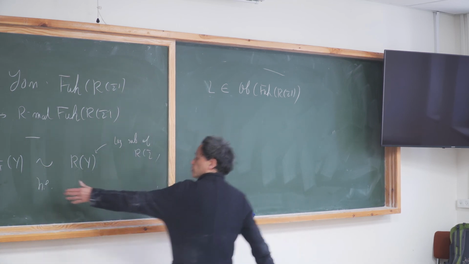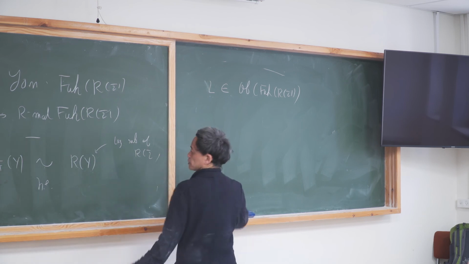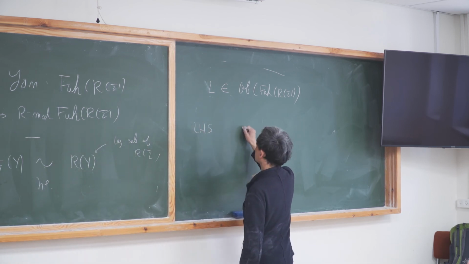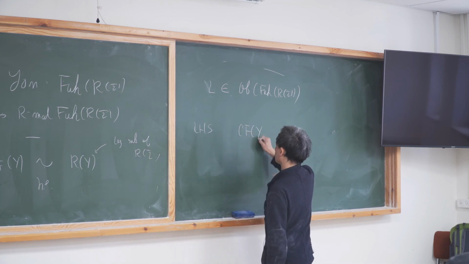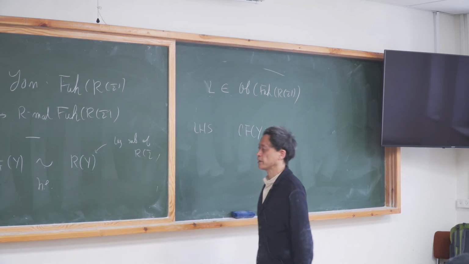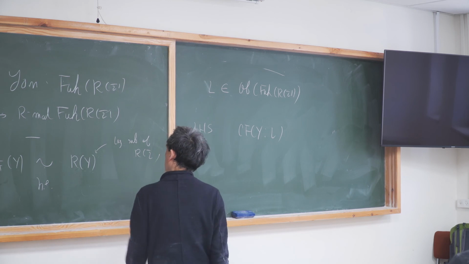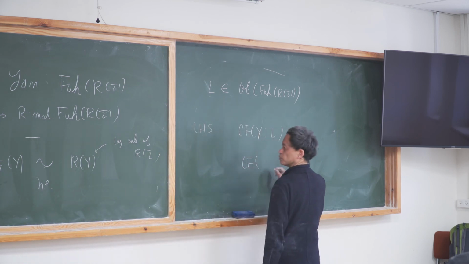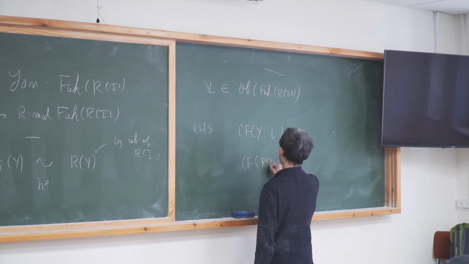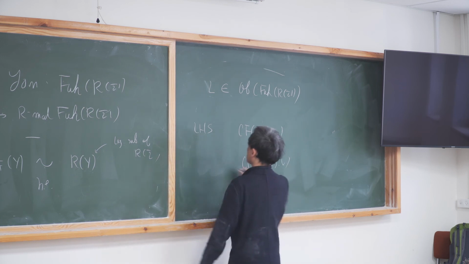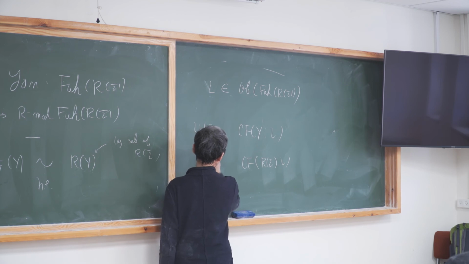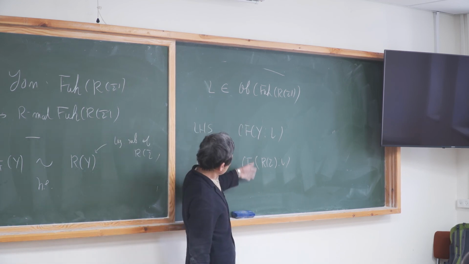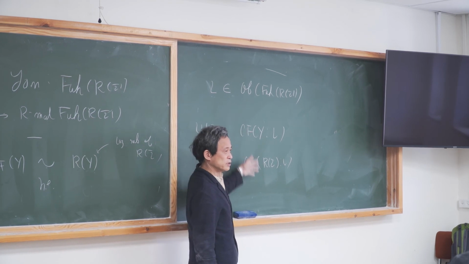The left hand side is the Floer chain complex with coefficient in M of Y. The right hand side is the Floer chain complex of R of sigma, L. And I want to identify these two things.